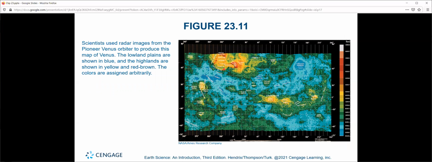Scientists tend to use radar images from the Pioneer probe that went to Venus to produce a quote-unquote map of Venus. This is kind of what we think the topography of the planet looks like. Lowlands are in blue, highlands are in yellow and red, as is common with topography, and shown on the right there in that scale.